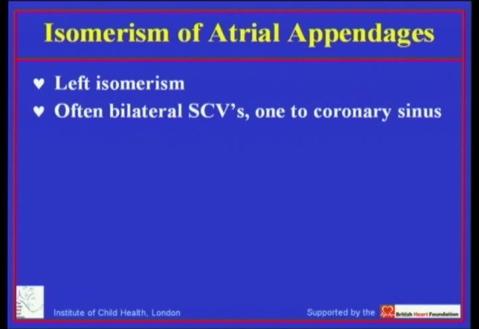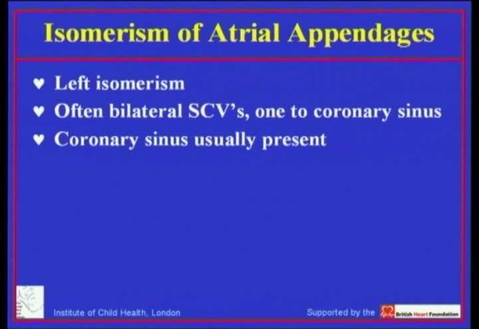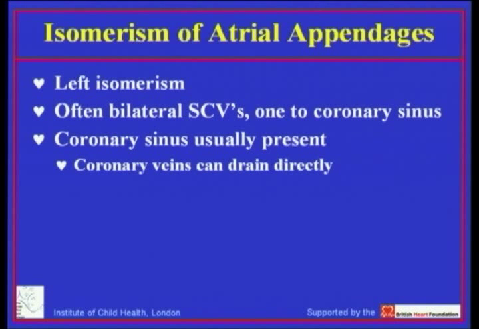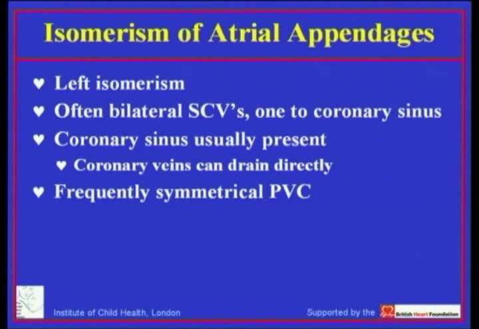In left isomerism, again we can expect bilateral superior caval veins, but in many instances now one or other of these will drain via a coronary sinus. So in left isomerism, since the coronary sinus is a morphologically left structure, we can expect it to be present. But sometimes it's absent, and then as in right isomerism, the coronary veins will drain directly.